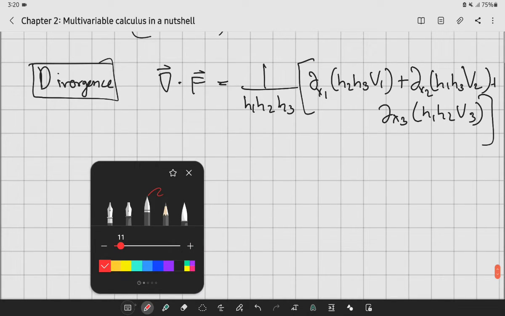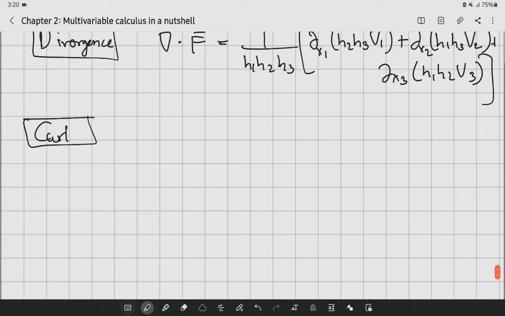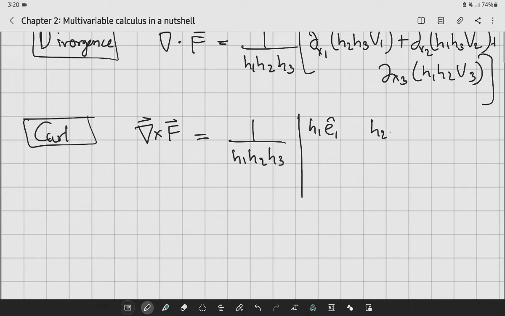Next thing I want to give you is the curl. The curl in any orthogonal coordinate system, for which the scale factors are h1, h2, and h3. Again, the curl, you always take the curl of a vector, not a scalar. And again, you have 1 over h1, h2, h3. This one is perhaps easier to remember. You have h1 e1, h2 e2, h3 e3.